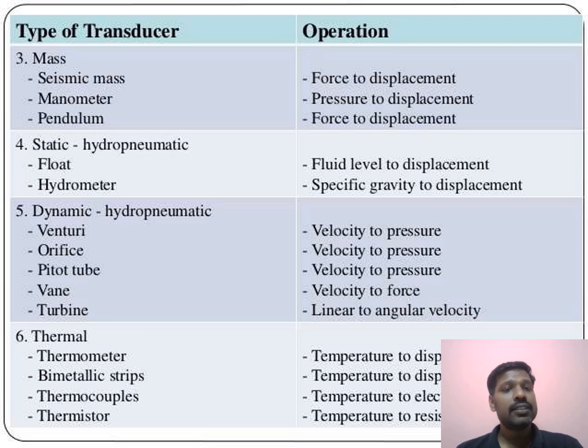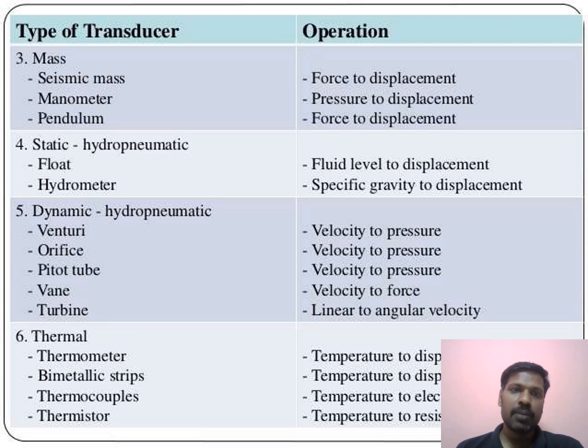And then mass, static, hydropneumatic, and dynamic thermal. So here we have seismic mass, manometer, pendulum, float, hydrometer, venturi, orifice, pitot tube, vane, turbine, thermometer, bimetallic strips, thermocouples, thermistors.